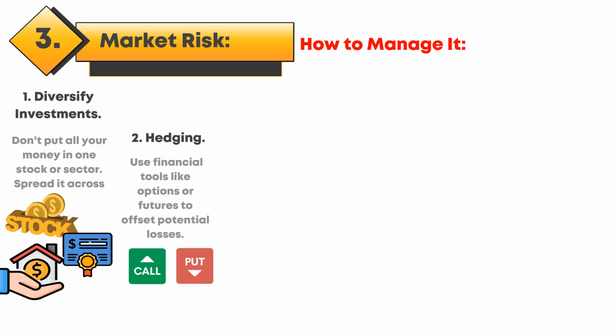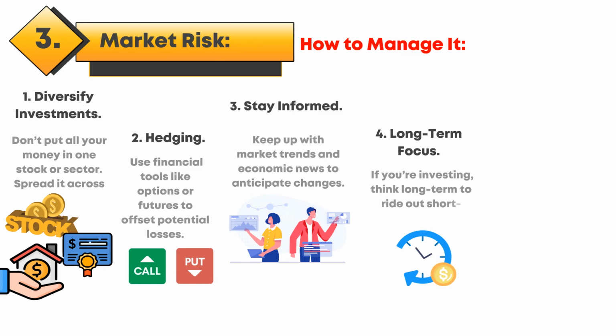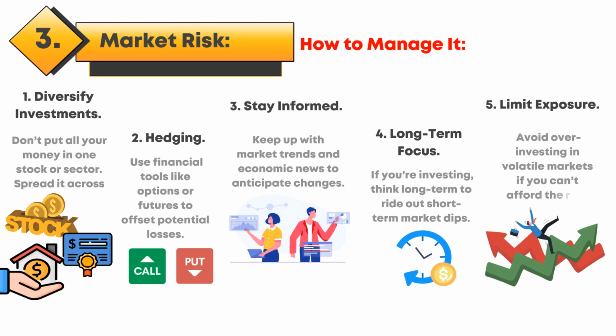For example, if you own stocks, you could buy a put option to sell them at a set price if the market falls. Third, stay informed. Keep up with market trends and economic news to anticipate changes. Fourth, long-term focus. If you're investing, think long-term to ride out short-term market dips. Fifth, limit exposure. Avoid overinvesting in volatile markets if you can't afford the risk.